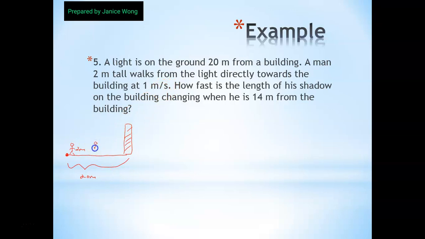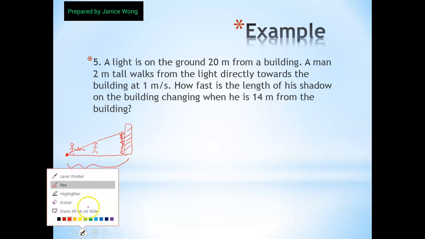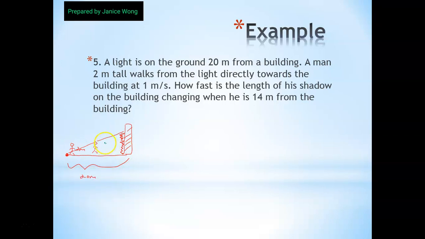Say when the man is here, the light is on, then the shadow on the building will be this long. And let's say another situation, the man comes to here, the shadow on the building will be this much. We notice the length of the shadow is changing. In fact, it is decreasing, getting shorter. So I let this be the variable y.